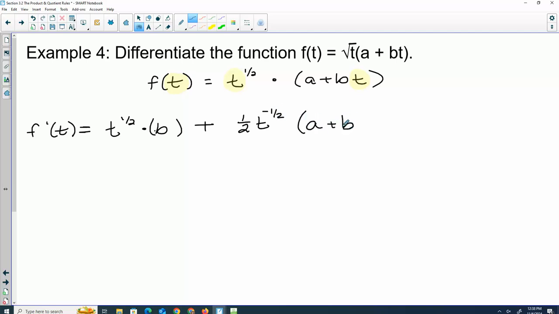So now if we simplify, we get b t to the 1/2 plus, if I distribute, 1/2 times a, I could write that as a over 2, t to the negative 1/2, plus 1/2 times b would be b over 2, t to the negative 1/2 times t, so you add exponents, negative 1/2 plus 1 is positive 1/2.